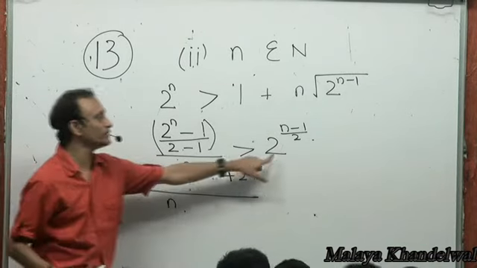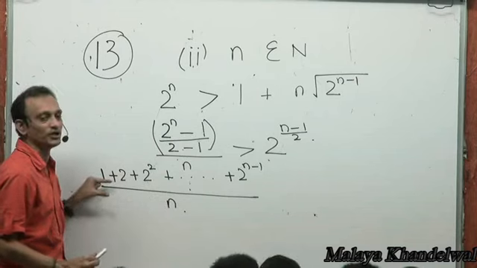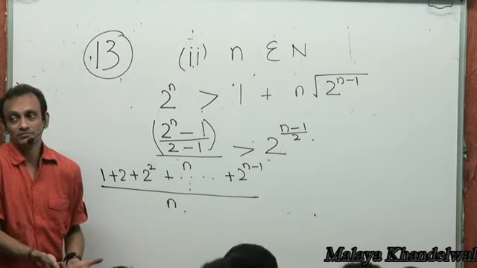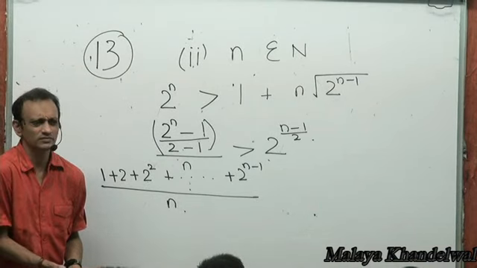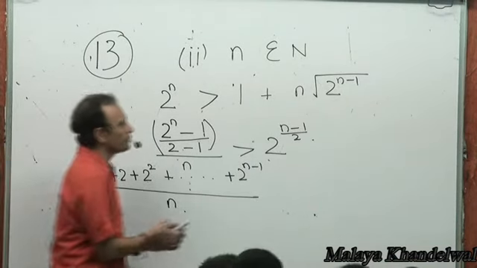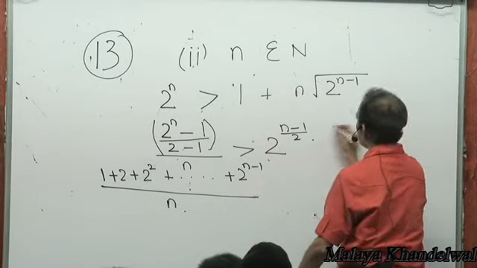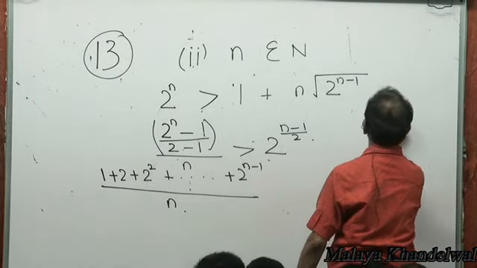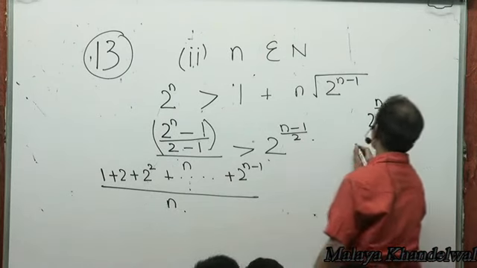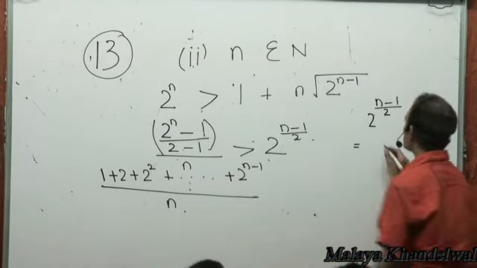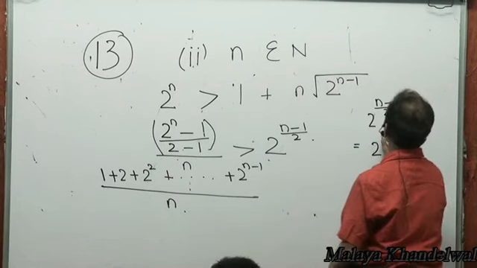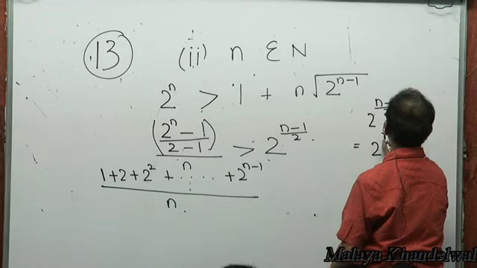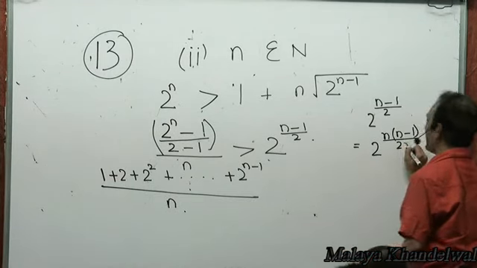Now if I can show that the right hand side is the geometric mean of these numbers, then the problem is solved. Yes or no? This right hand side, 2 to the power n minus 1 by 2, could be written as 2 to the power n into n minus 1 by 2n.